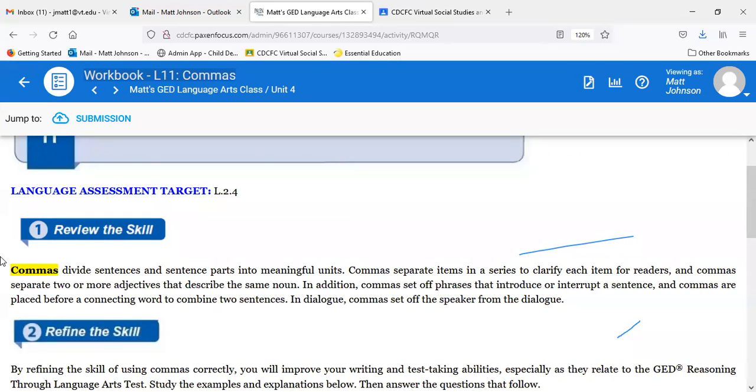That's the best, simplest, most complete definition you can have of a comma. They help clarify things for readers. That's where the idea comes from that it introduces a pause.